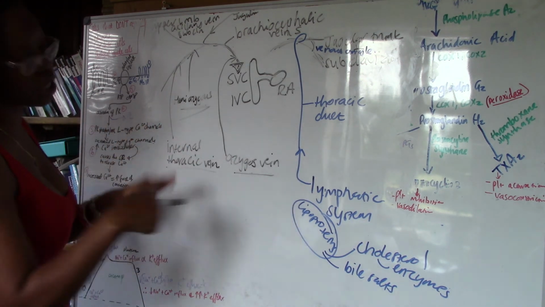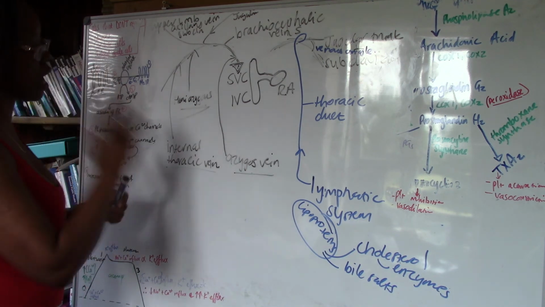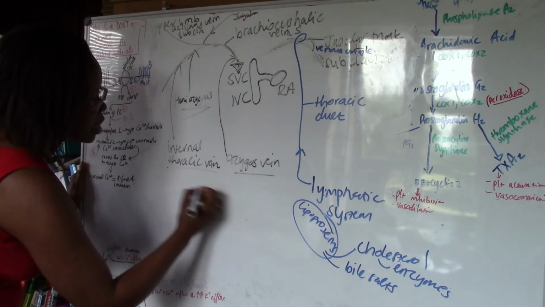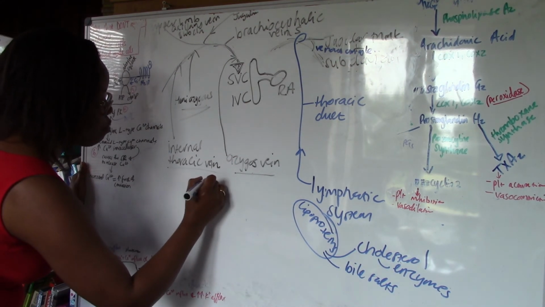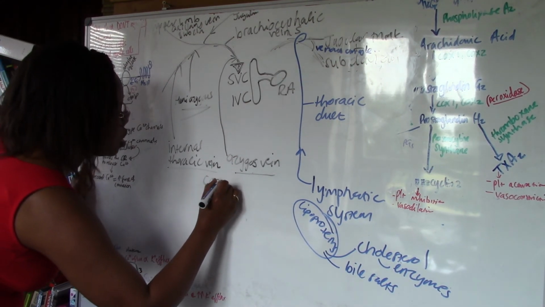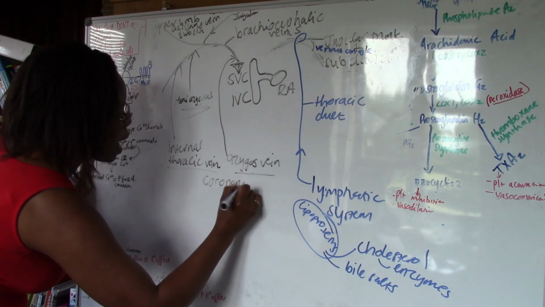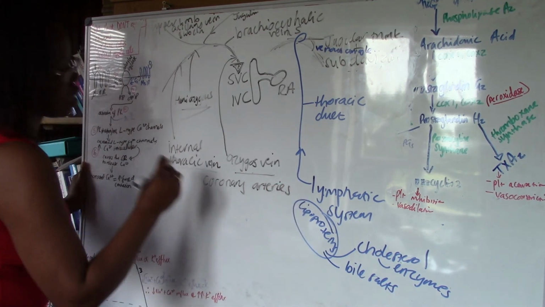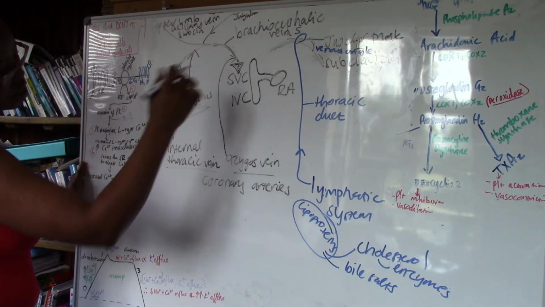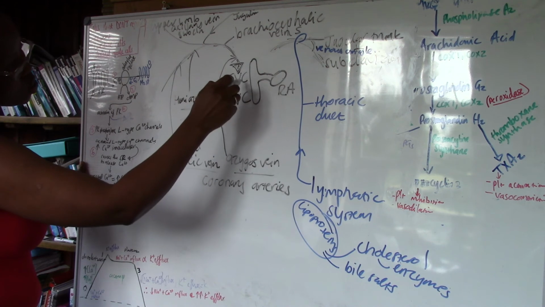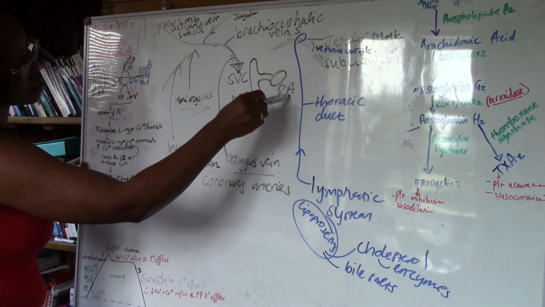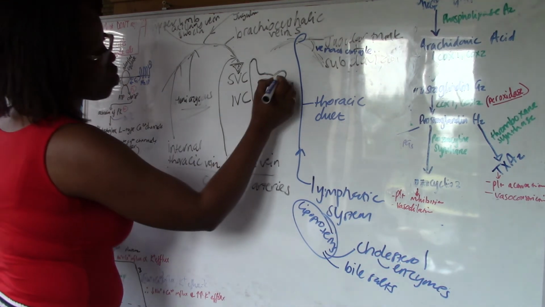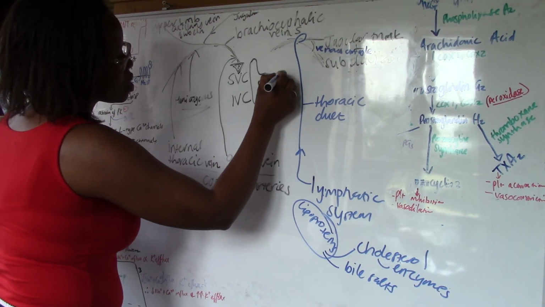We haven't collected blood that we gave to the cardiac muscle itself, and this is blood that was given off by the coronary arteries, and it returns back to the right atrium via its own sinus, which is called the coronary sinus.